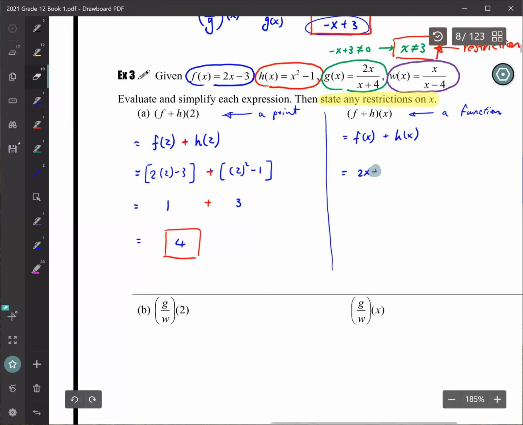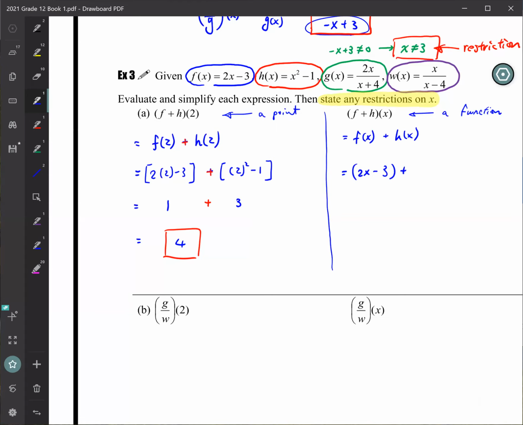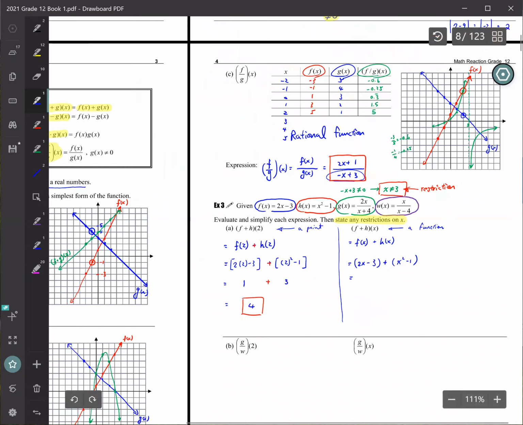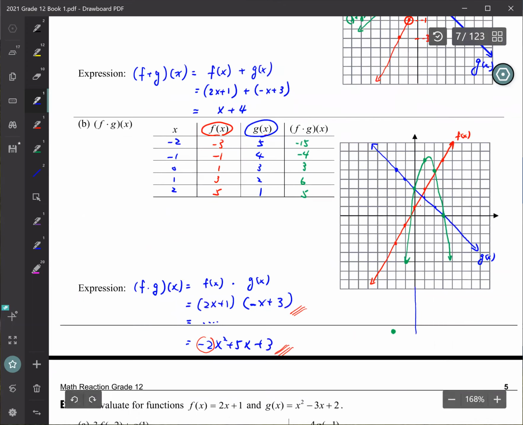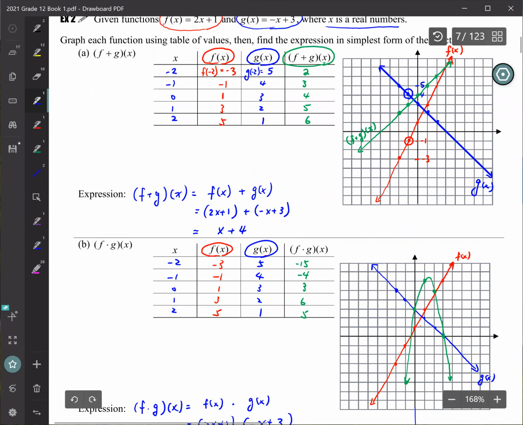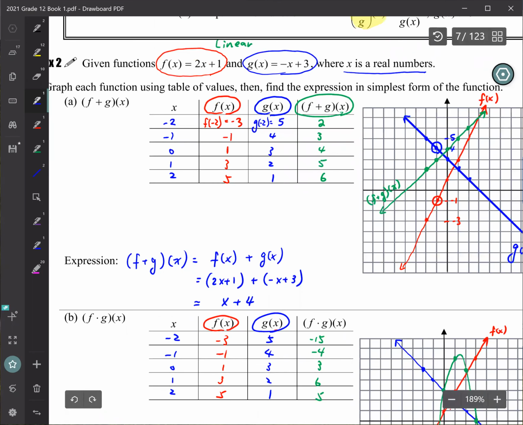So 2x minus 3 plus h of x. h of x is a parabola, a quadratic. And then just combine the like terms. Similar to the way we did over here. Remember this one? This one we need to expand. This one we collect the like terms.